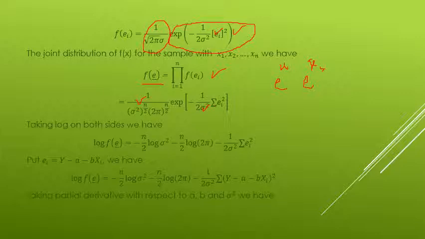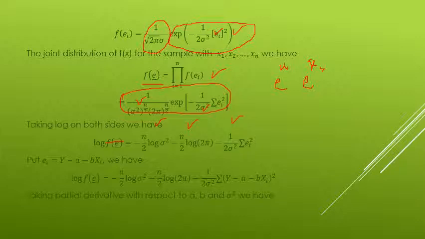Now, by taking log on both sides, we get this. The basic purpose of taking log is that this is a complex function, and we cannot take its derivative so easily. When we take log, you can see that this term is separated, this term is separated, and this term is separated by taking minus.